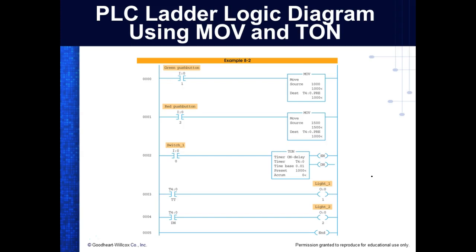Press the green button once, twice, still going to be 1000. Once you press the red button once, then it'll preset every time. It holds that preset until you change it.